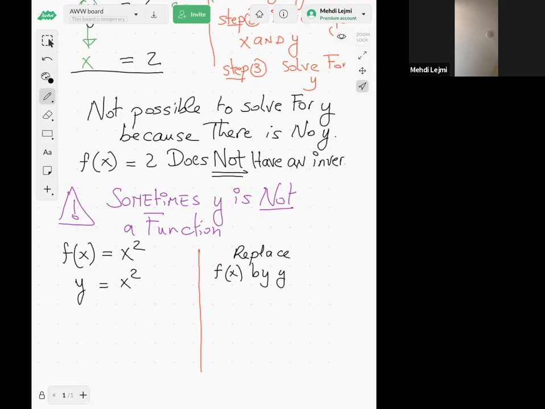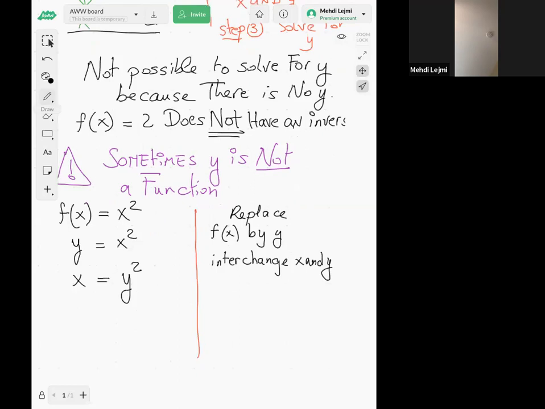Then next, interchange x and y, so x equals y squared. And then we have to solve for y.